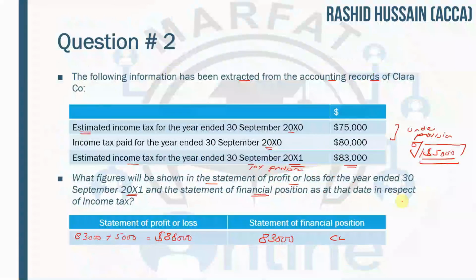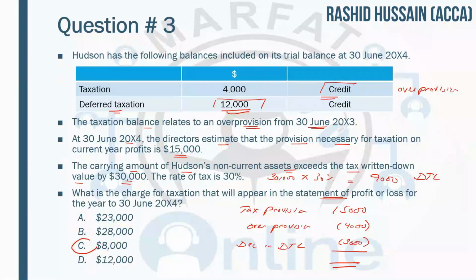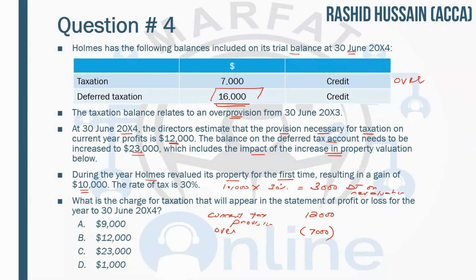Now we have the format again. Let's go back to the format. What is the closing balance? Closing balance is 23,000. Closing balance of deferred tax, we are taking in the deferred tax working, 23,000, right? Because it is written the balance on the deferred tax account needs to be increased to 23,000.